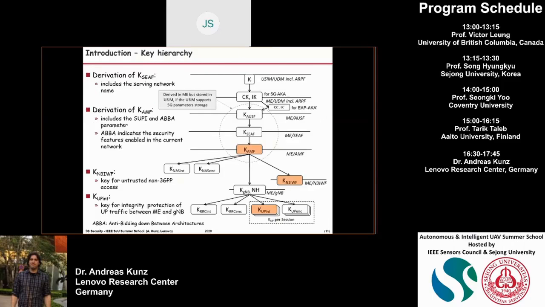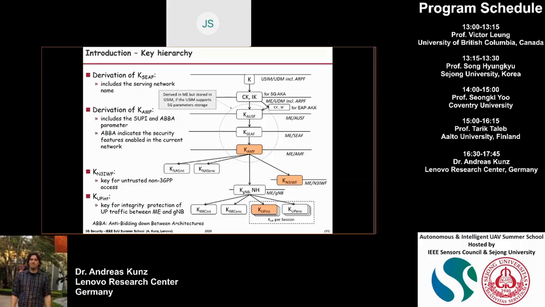So this is the key hierarchy. This gives you a little overview of how the keys depend on each other. We have a root key K, we have the CK and IK keys, and those are used in case of 5G AKA. If you want to use EAP-AKA prime, the other authentication method, you have to derive the intermediate keys CK prime and IK prime.